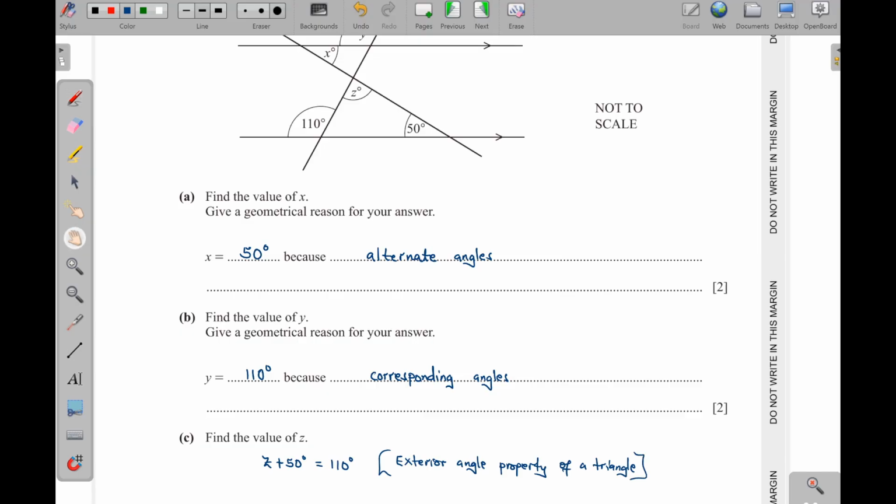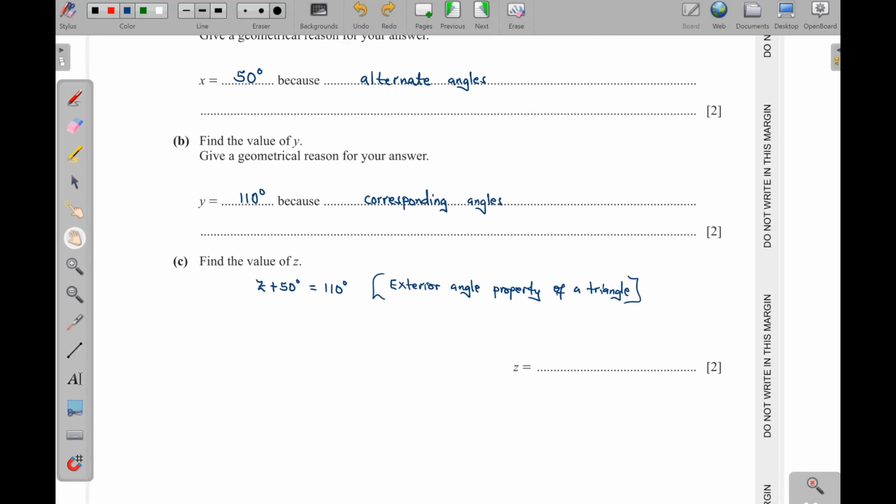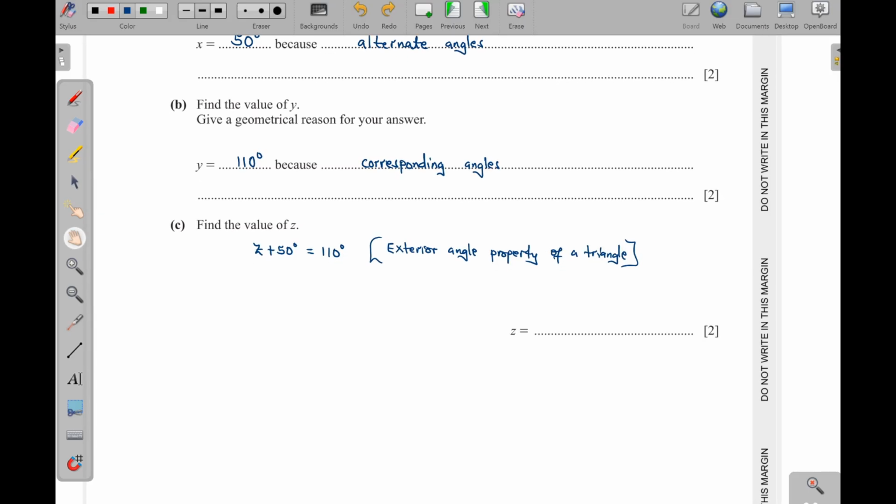Okay, why? Let me show you something. Let me just prove it down here so that you get it clearly. So I'm going to put my angles here.